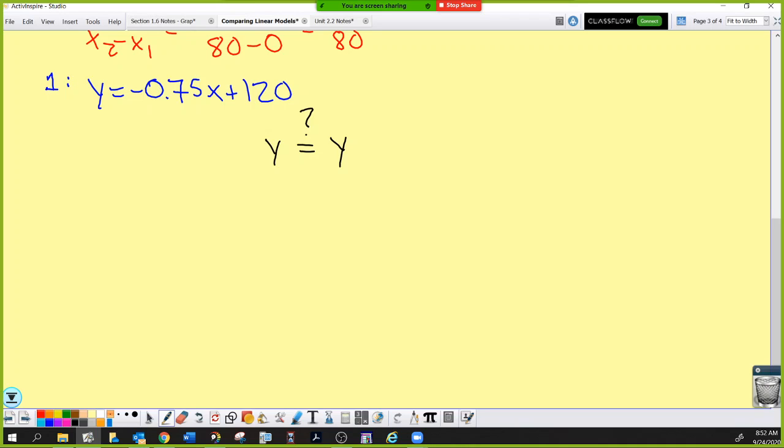Well, for reservoir 1, don't we know what y equals? And for reservoir 2, don't we know what y equals? For reservoir 1, y equals negative 0.75x plus 120. For reservoir 2, y equals negative 1.2x plus 180.